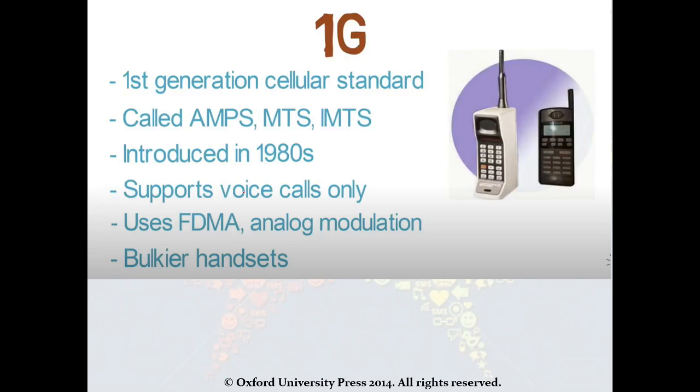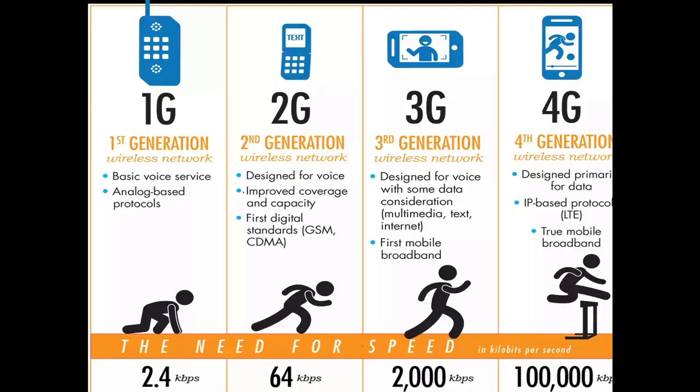The handsets were very bulky in the first generation, whereas in the second generation the digitization happened and the GSM standard came into place. Our focus is going to be on the architecture of the GSM standard in this current lecture.